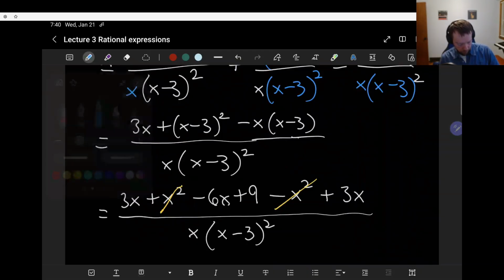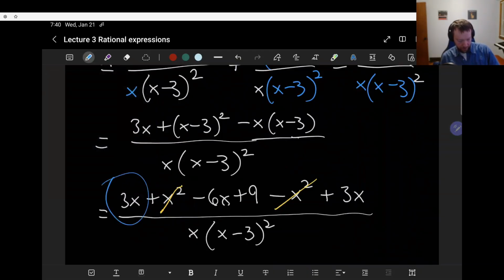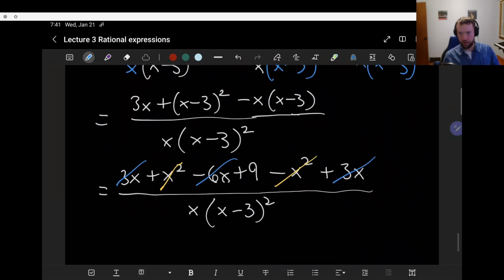And a new color. Notice that I have 2 positive 3x's and then a minus 6x. So altogether, those x terms cancel out as well. Right, 3x plus 3x is 6x. Then we have a minus 6x. This means that all that's left in the numerator is 9.